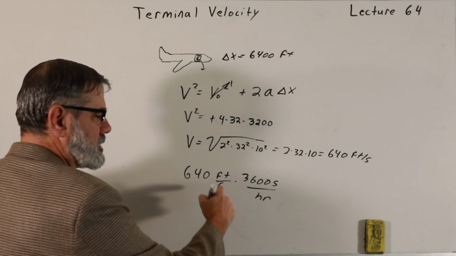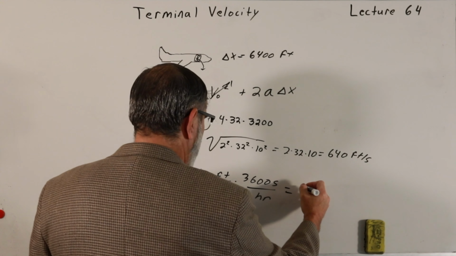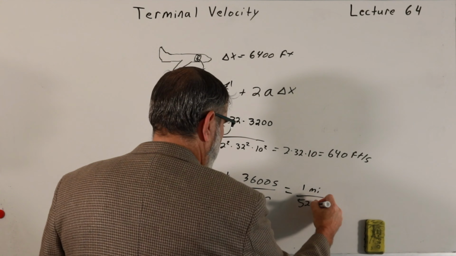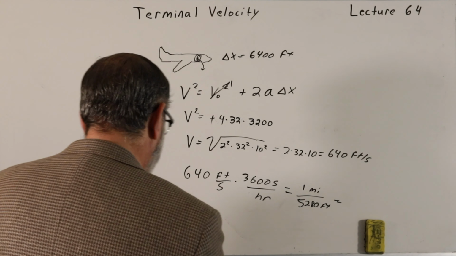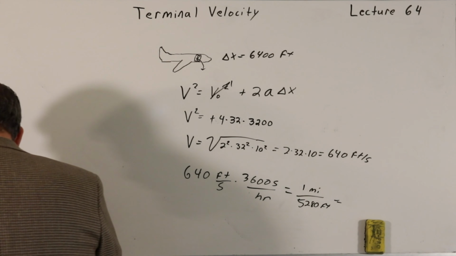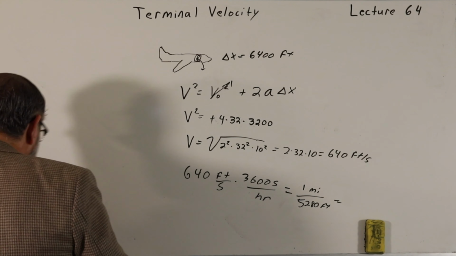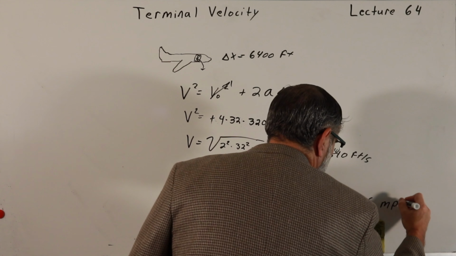That'll change the seconds into hours in our rate. And 1 mile is 5,280 feet. I think that's right. And if you punch this into the calculator, let's see here, hang on. Yeah, it didn't look good. 436 miles per hour.